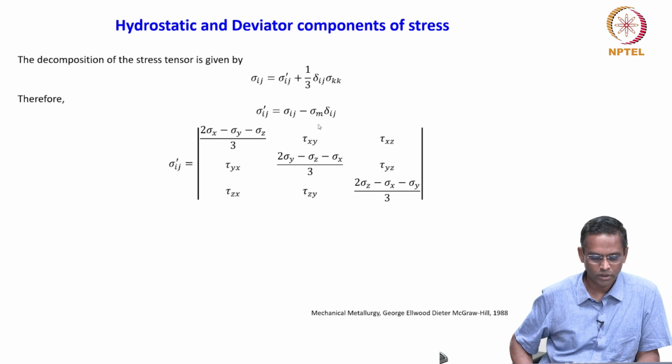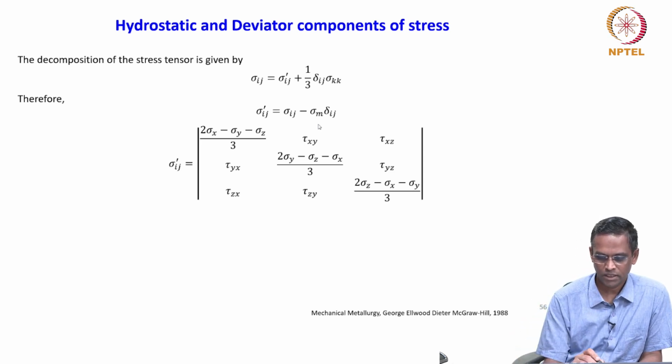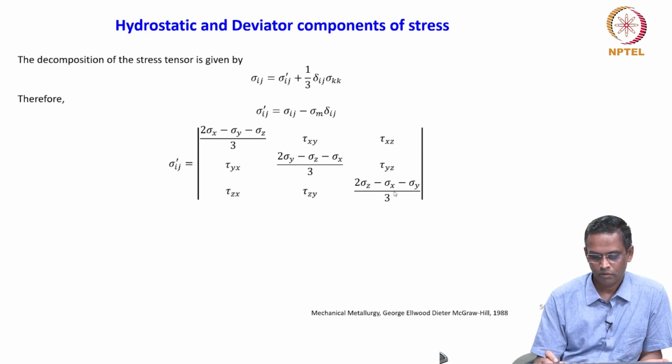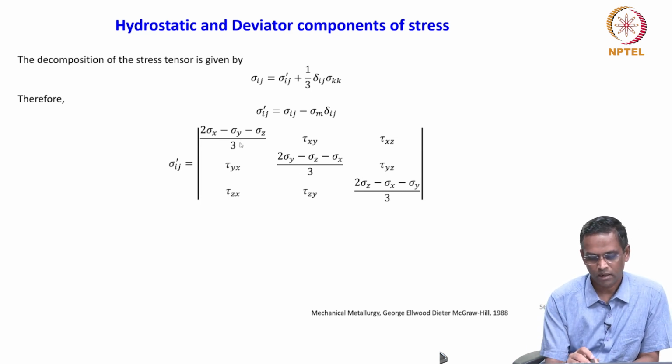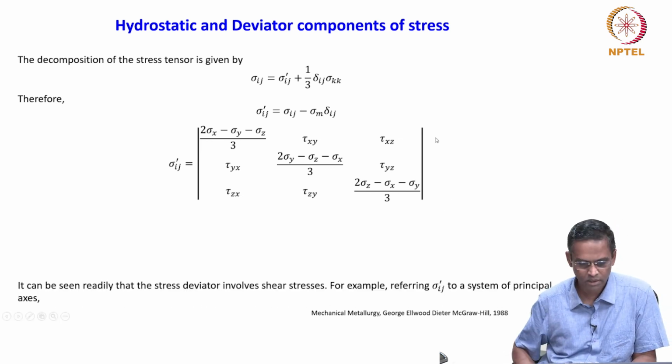We can now put that directly into the stress tensor matrix. Here the deviatoric stress is obtained when the mean stress or hydrostatic stress component is subtracted from the principal stresses, and then the matrix will look like this. This matrix we are all familiar with, so I am just going quickly.